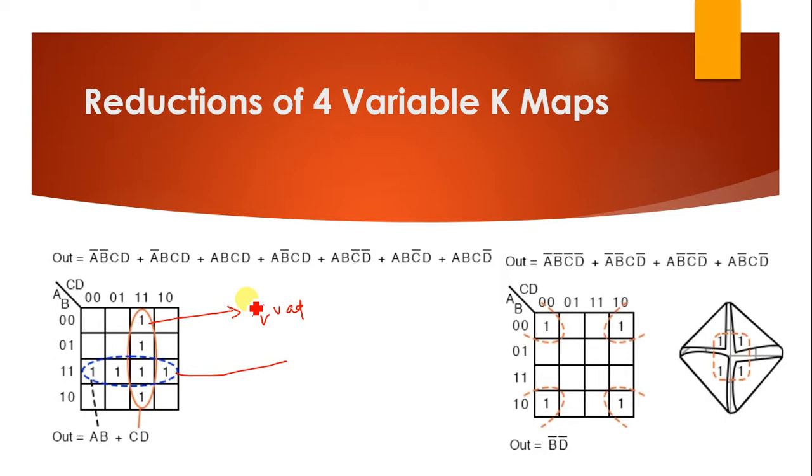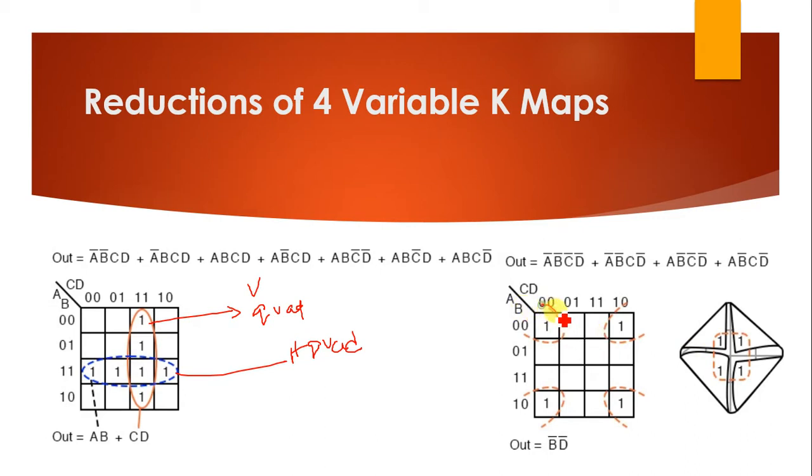The second one is called a horizontal quad set. Quad means 4, right? Similarly, if you have ones at the corners of your K map, you can fold it. This is called a complete fold. Okay, in that combination also we get a quad set.